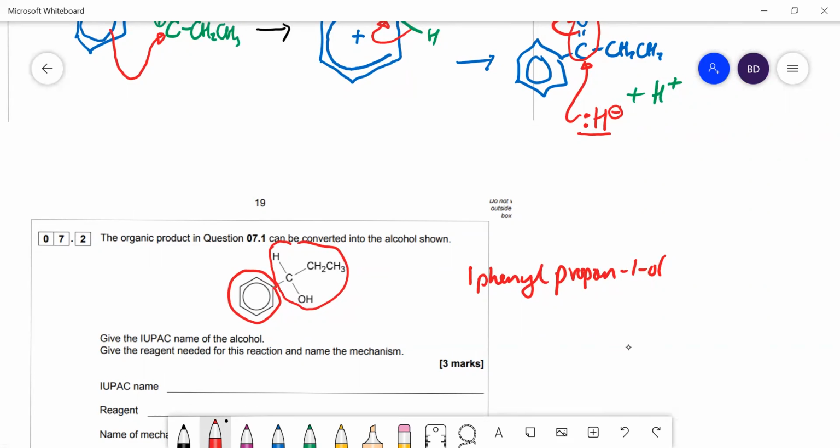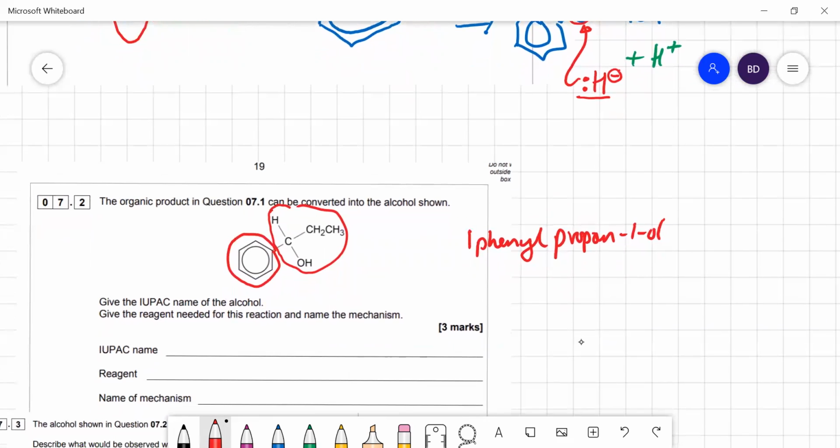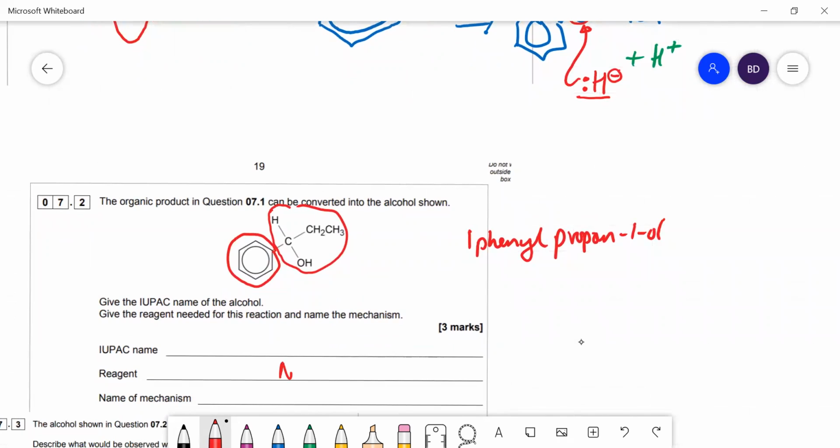The reagent is, of course, sodium borohydride, NaBH4. That's essentially a carrier for the hydride ion, and the mechanism is nucleophilic addition. Nucleophilic because the H- is attracted to the delta positive carbon on the carbonyl, and addition because you end up breaking a double bond.